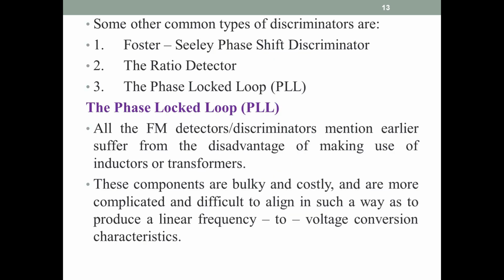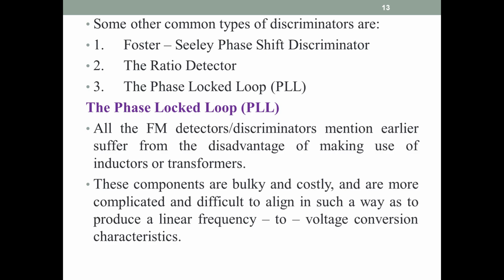So, some other common types of discriminators for FM receivers or demodulation are Foster-Seeley phase shift discriminator, the ratio detector, and the phase locked loop detectors. The phase locked loop detector is the more widely used, so we'll talk about it.